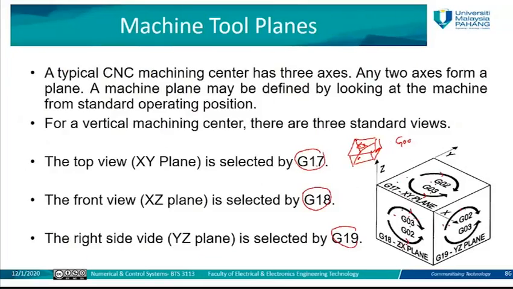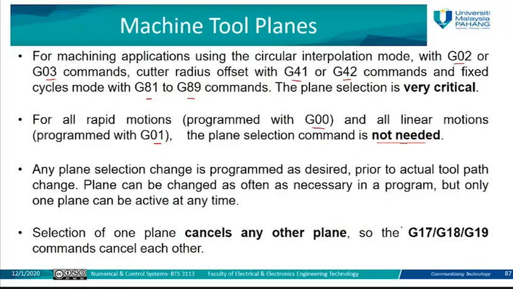As you can see, in this plane G03 is not the same as in that plane. In this plane, this is G02 and this one is G03. But if you work in the ZX plane, this becomes clockwise and this becomes counterclockwise. So the machine tool plane has a direct effect on G02 and G03, and also on the cutter radius offset commands like G41 and G42, and the fixed cycles like G81 and G89.